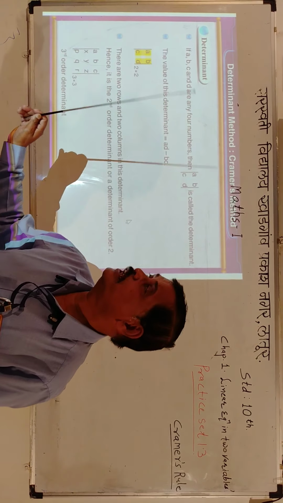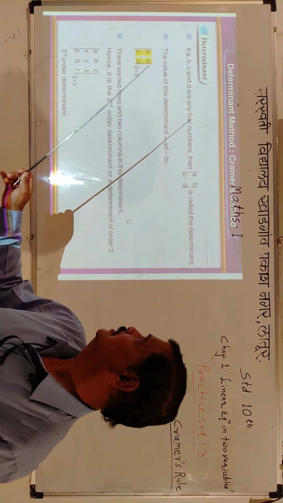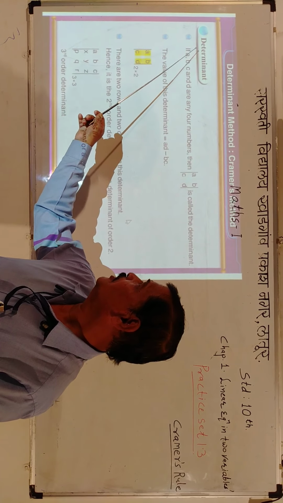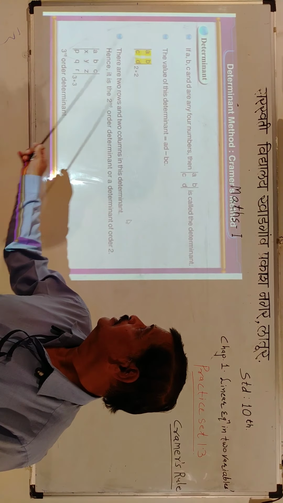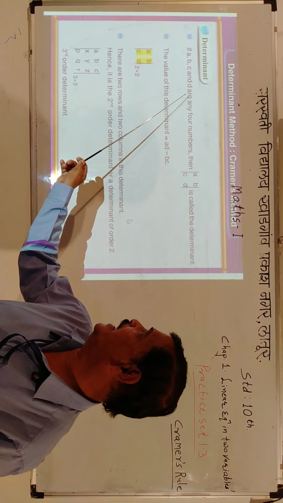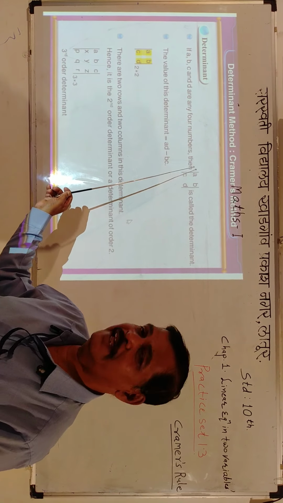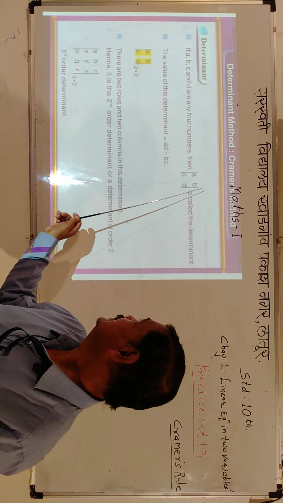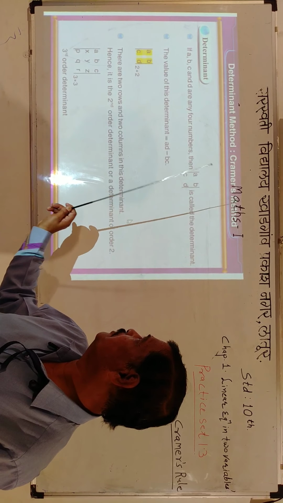Firstly, we have to study about the determinant. What is meant by the determinant? If A, B, C and D are any four numbers, then this is the sign of the determinant.